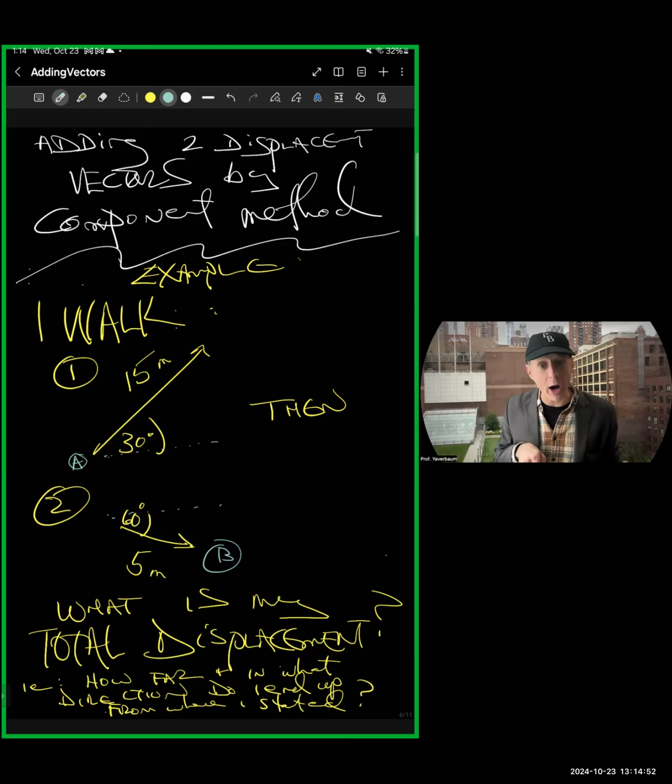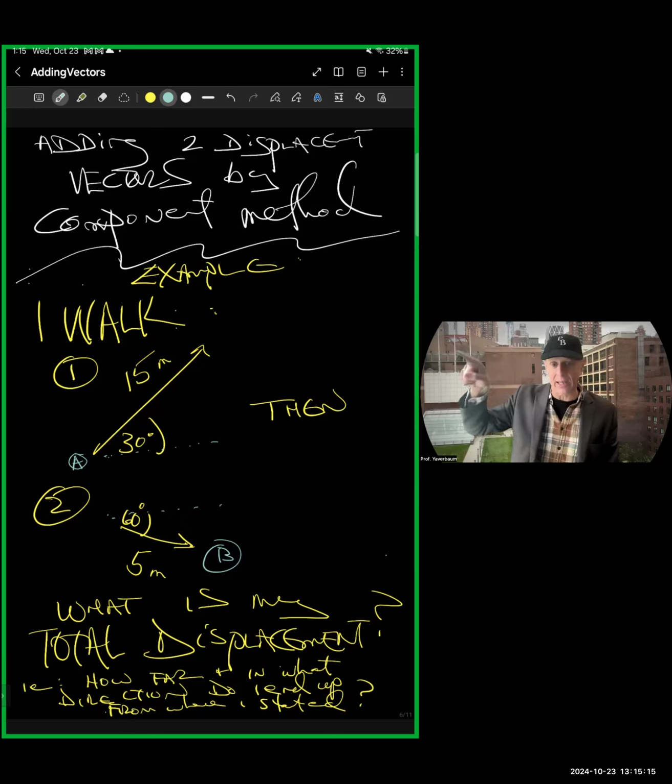Remember, displacement is a vector quantity. It has magnitude and direction. So what I'm asking is, at the end of performing vector 1 and then vector 2, how far away and in what exact direction is point B from point A?